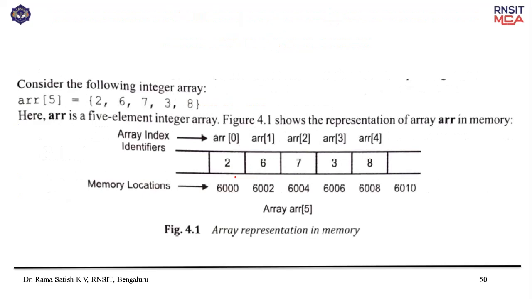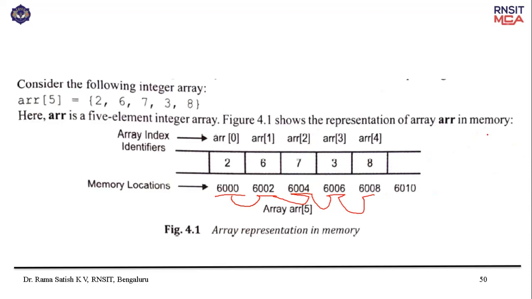Here is a simple example where ARR of 5 allocates 5 elements. Observe that 6,000 is the base address, and every time it changes consecutively: since it is an integer, it is 6,002, 6,004, 6,006, 6,008, etc.